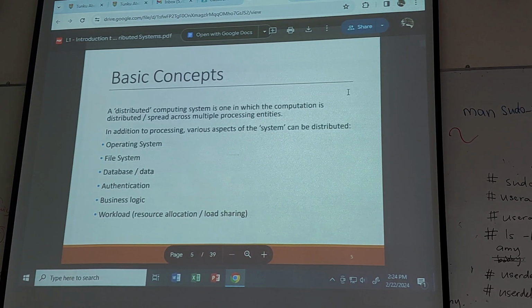We want to distribute the computing into many processing entities, and these processing entities can be any of this. It can be the operating system that we want to distribute among the system. It can be the file system as well. It can be a database. Database is basically just like the file system.